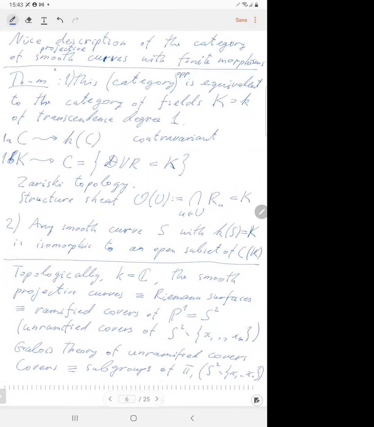Okay, and on the other hand, we have the fields of transcendence degree 1, and they are finite extensions of the field of rational functions. This is the same as the field of rational functions on the projective line.